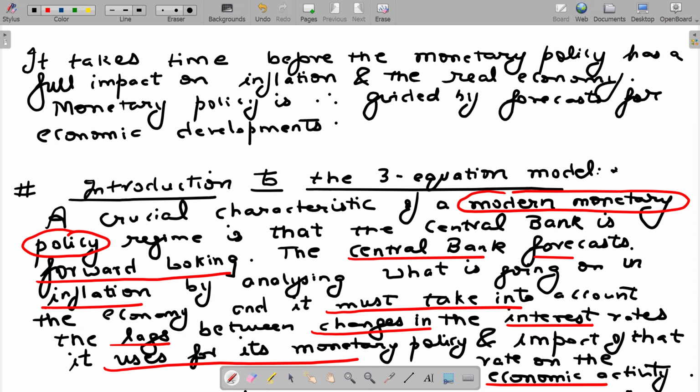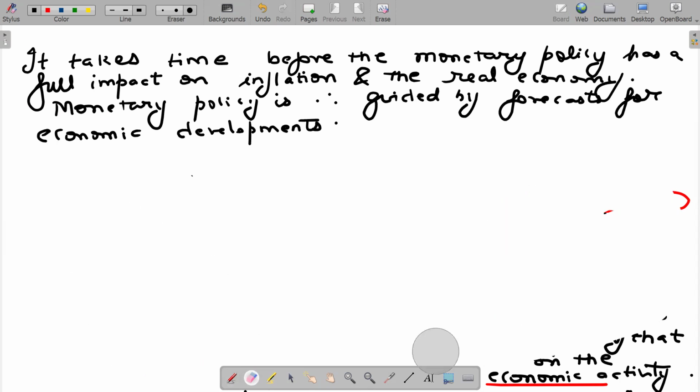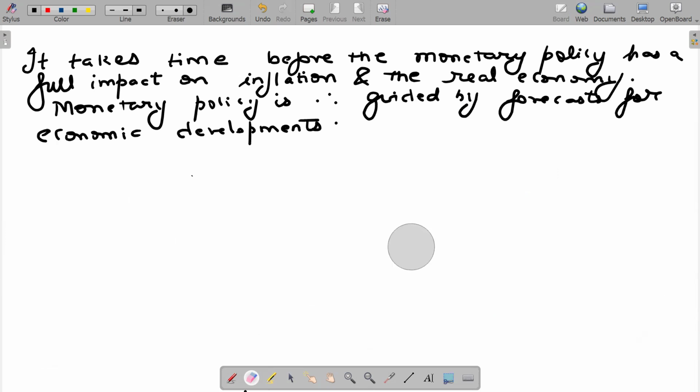So I am erasing all this off now. I hope students are making notes along with me. This lecture is very introductory and doesn't contain much math or models, but it's going to come in the next set of lectures.